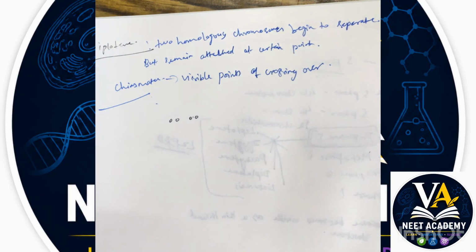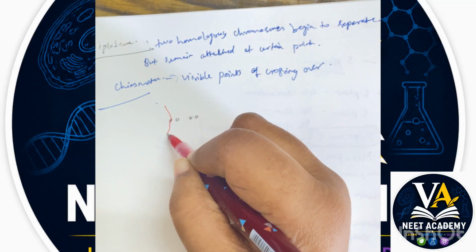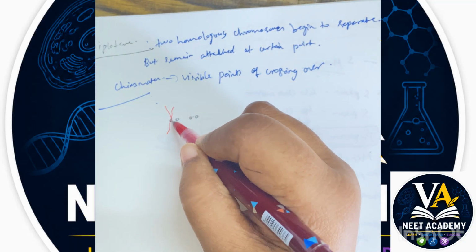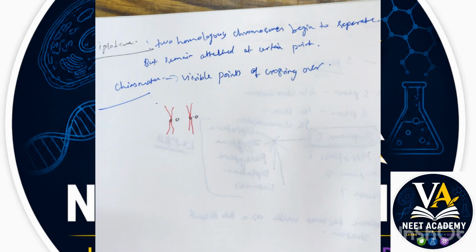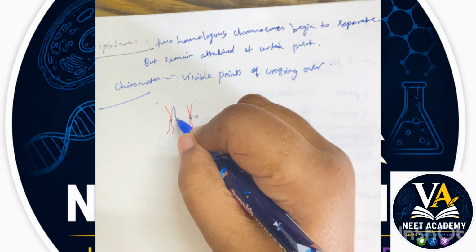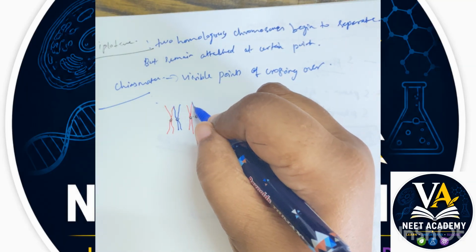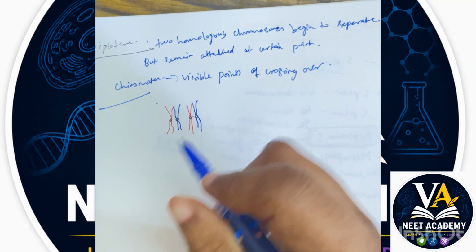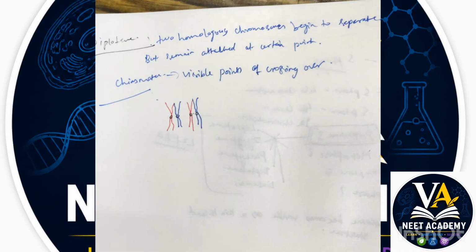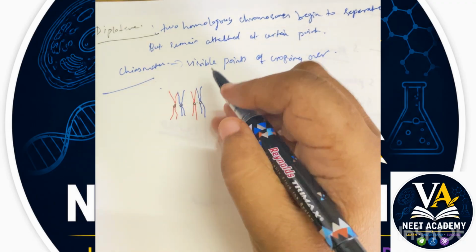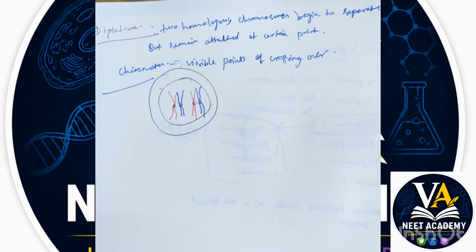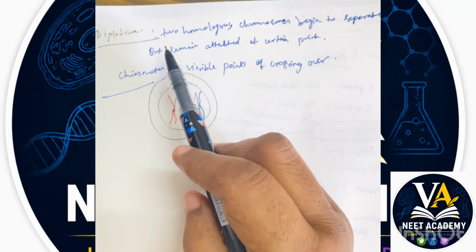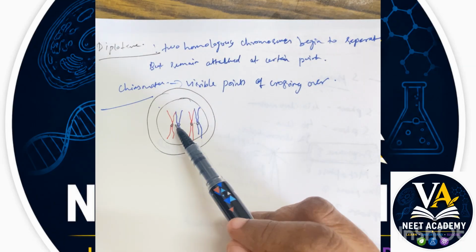So here, this is the diplotene stage, the nuclear membrane followed by the cell membrane. According to this definition, two homologous chromosomes begin to separate.